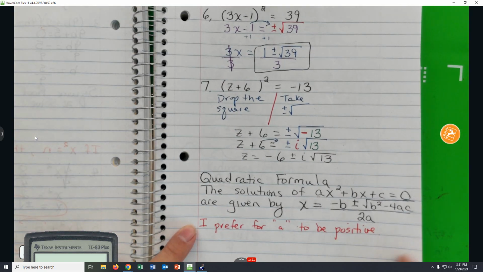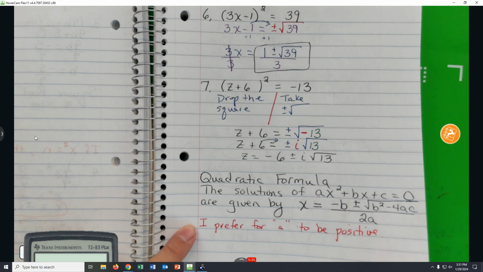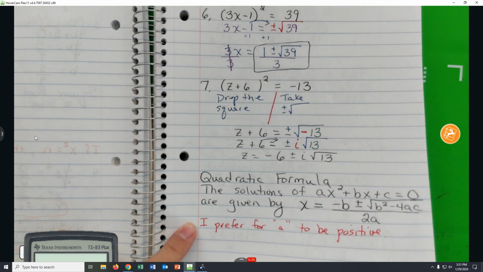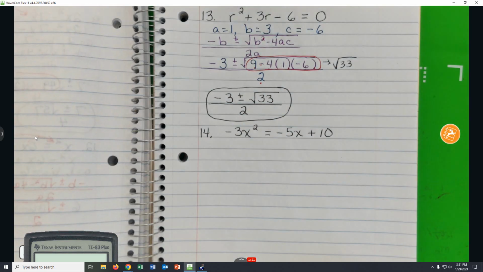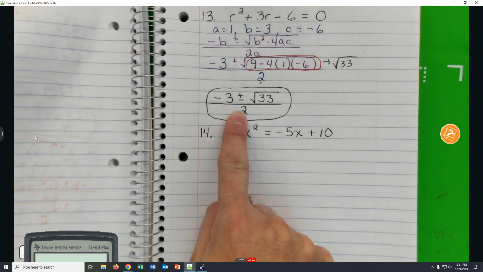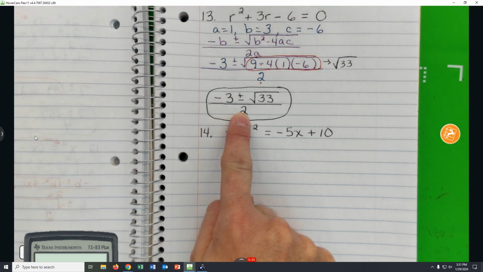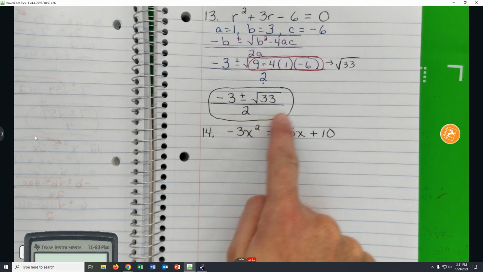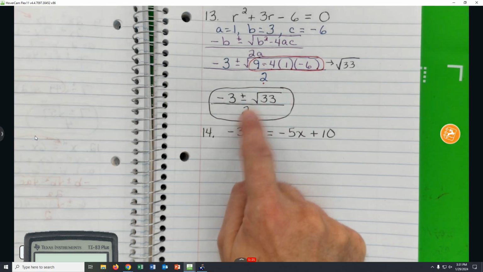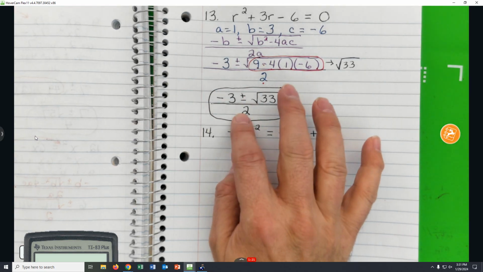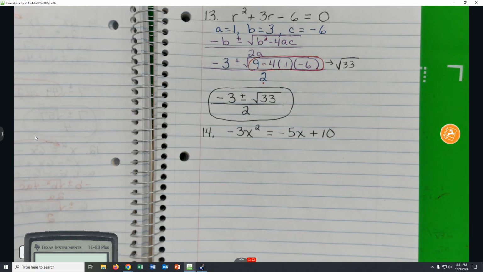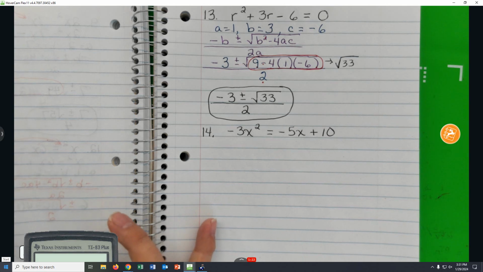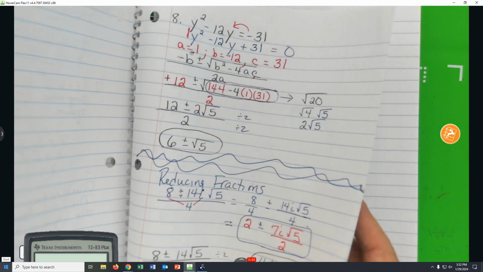I prefer for A to be positive, and that's my gentle way of saying you should prefer it too. It'll work out easier if those fractions aren't negative. Like right here, if you had a negative 2 there, it would want you to simplify it some so that you have a positive number on the bottom. Okay? So, with that in mind, how does number 14 differ from number 12?